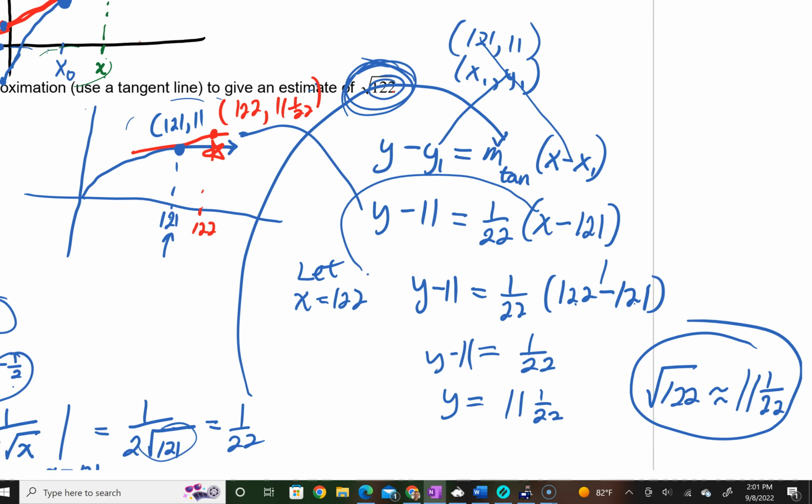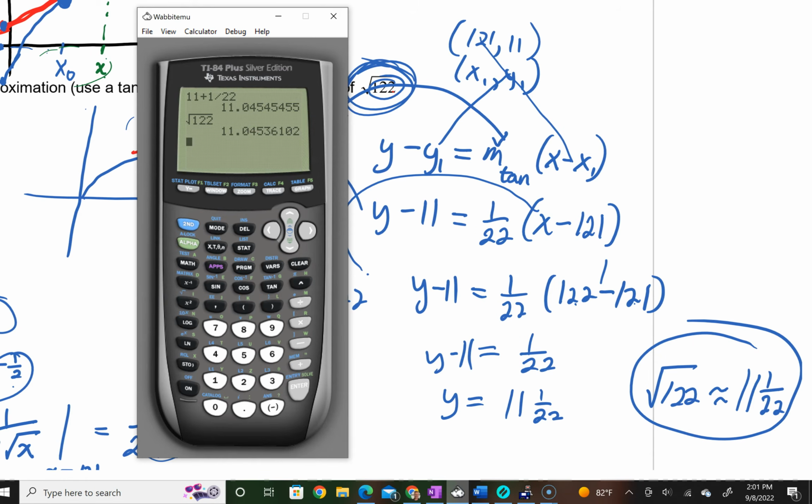Now, first off, I think what many students are thinking, I know I was thinking this when I was a student as well, this could seem a little bit silly because we did a lot of work to get a tangent line equation, and then we plug in that x value that was close to the point of tangency.